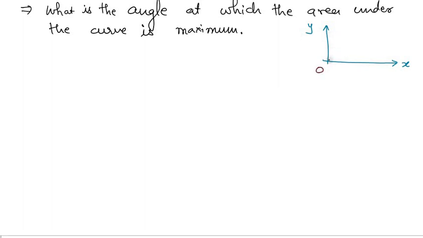So let's see, with a given angle theta, this is at some velocity u with some angle theta. This area under the y-x curve we are going to find out. The area is simply the double integral of dx into y.